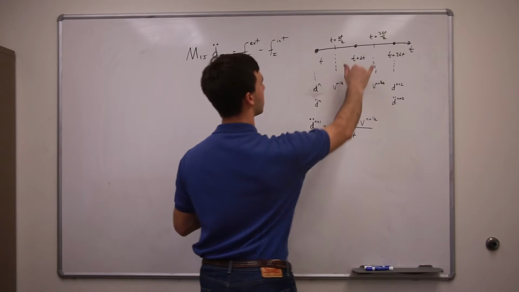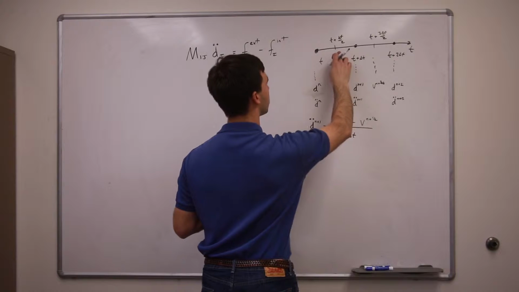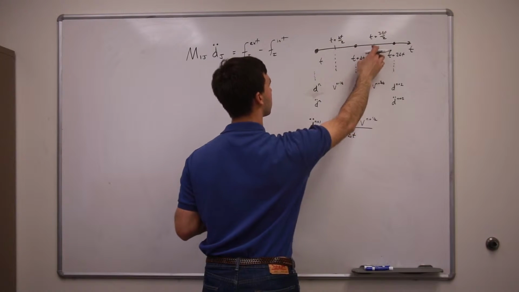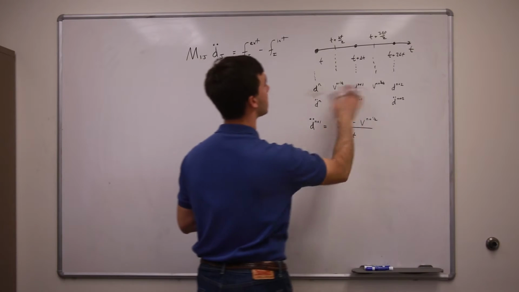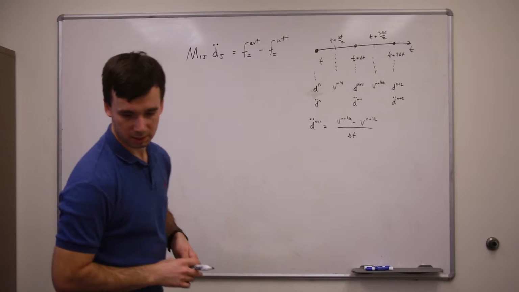So I'm taking the difference between these 2 points; the time span between t plus delta t over 2 and t plus 3 delta t over 2 is just delta t. And so I take a central difference in time of the velocities like this.